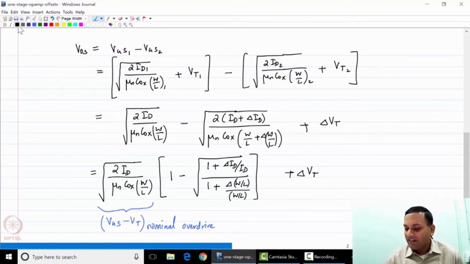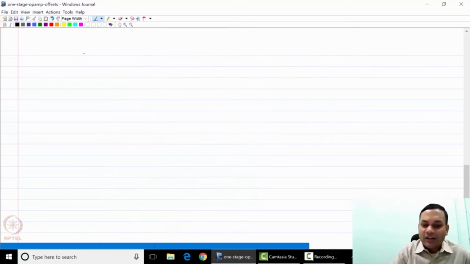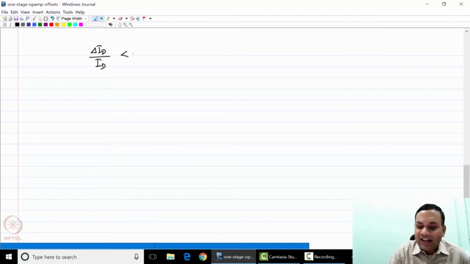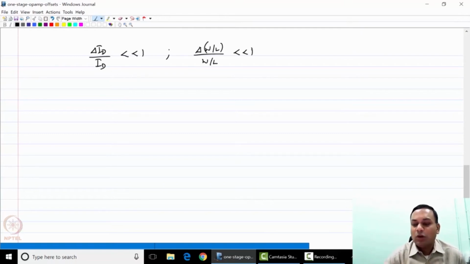So now let us simplify this further by using the following assumptions. We know that the mismatches are small, therefore delta ID by ID is much less than 1 and delta W over L over W over L is much smaller than 1.